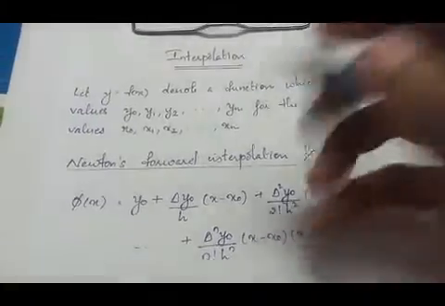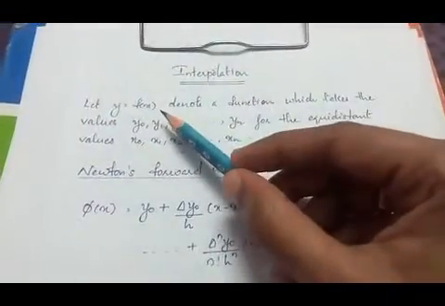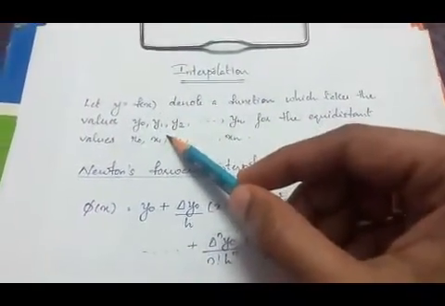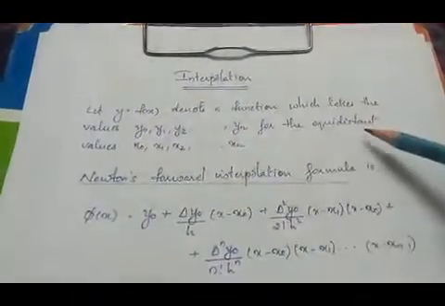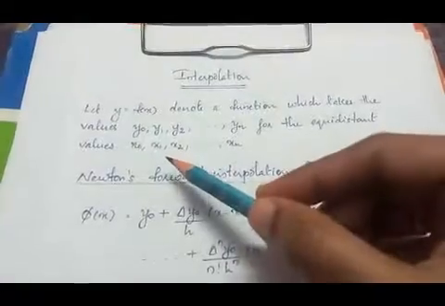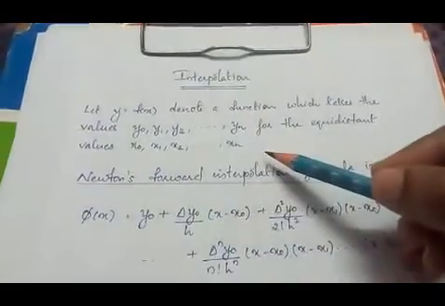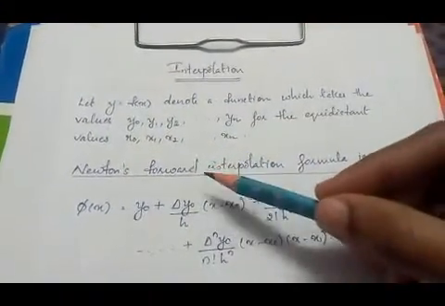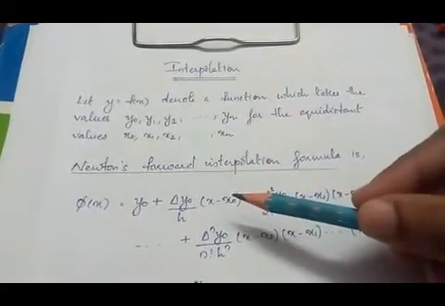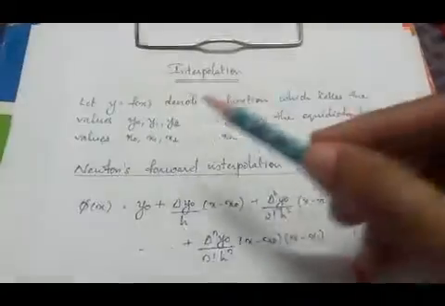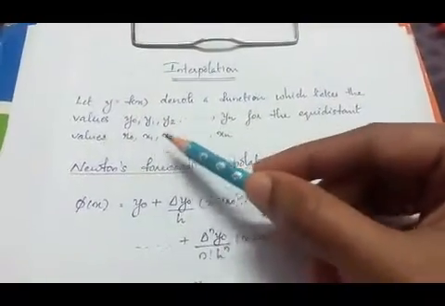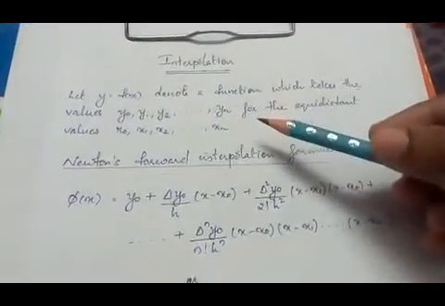So let's consider a function y equal to f of x, which takes the values y0, y1, y2, etc. till yn for the equidistant values x0, x1, x2, etc. till xn. So Newton's forward interpolation and backward interpolation formula are used for equidistant values of x0, x1, x2, etc. till xn.